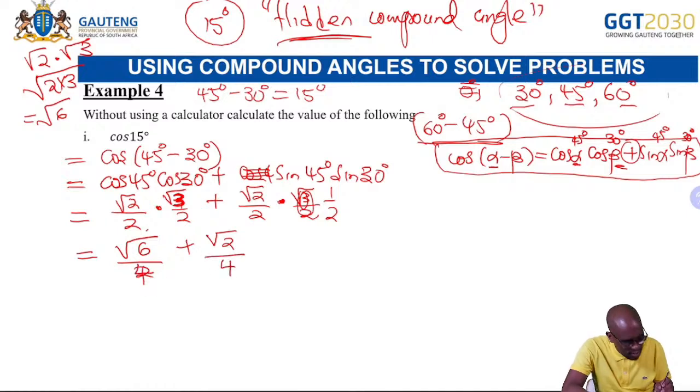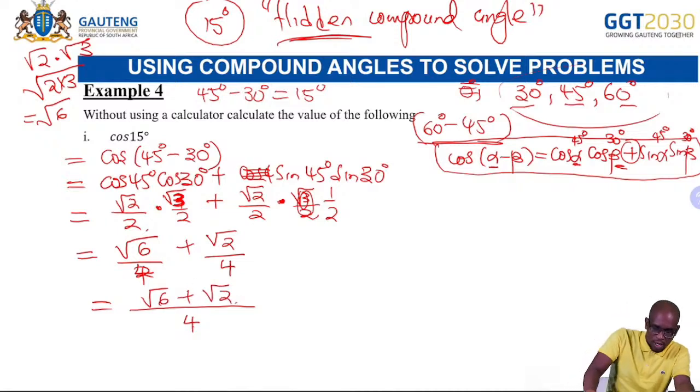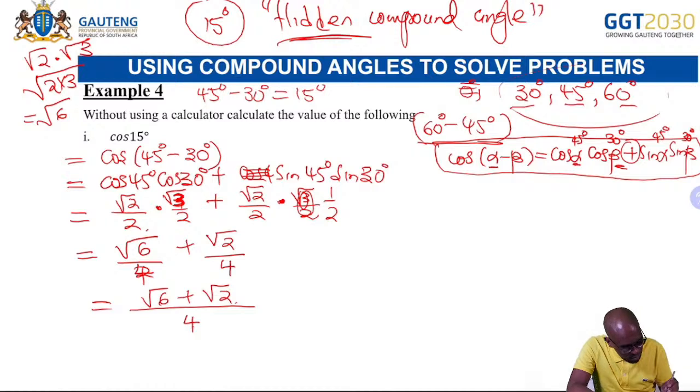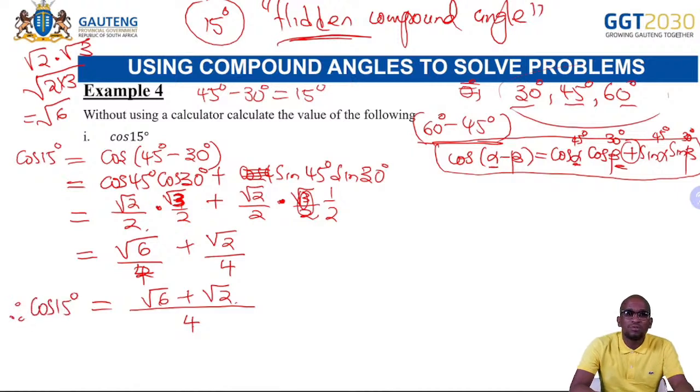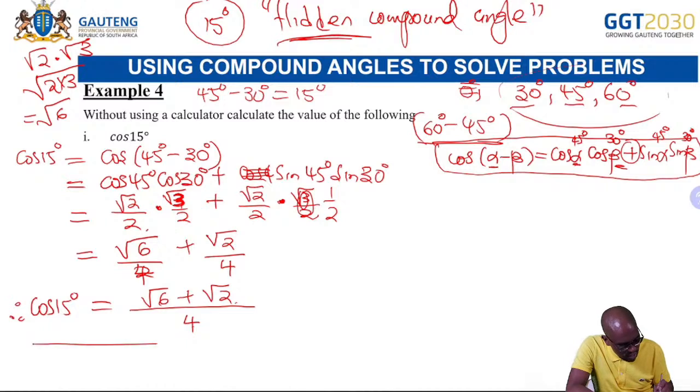So I can take 4 as a common denominator, then I can add the numerators, square root 6 plus square root 2, like that. So that is how you will then be expressing the cosine of 15. Therefore, the cosine of 15 without the use of a calculator can be written like that.